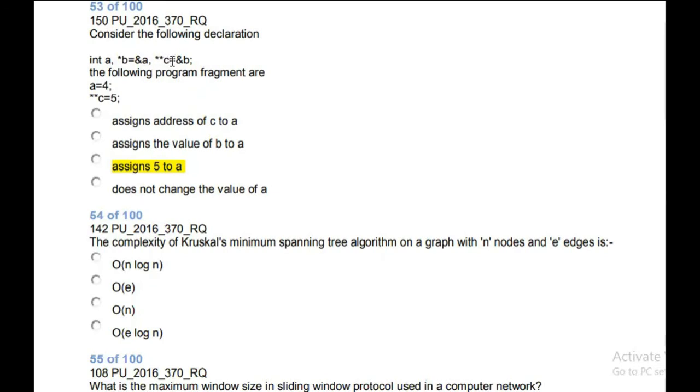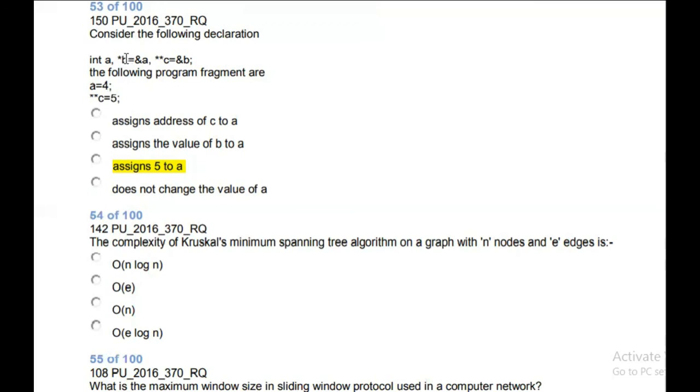So the address of B is stored in the value inside C. The following fragment: A is equal to 4, *C is equal to 5. Then option C is correct, assigns 5 to A.